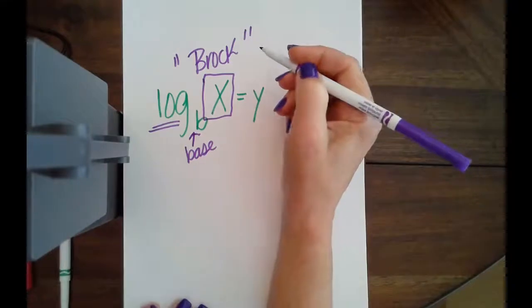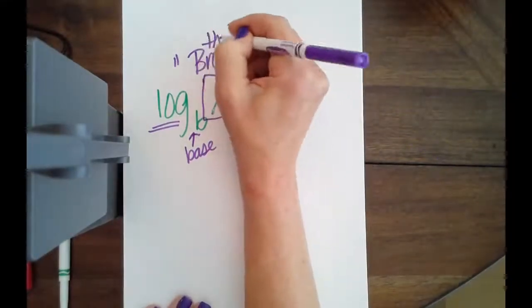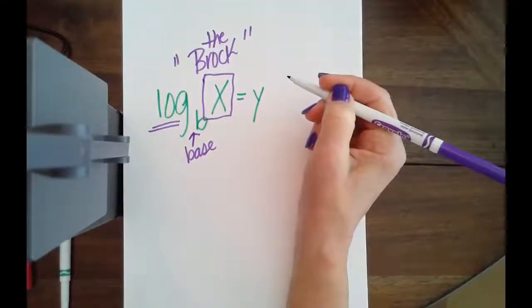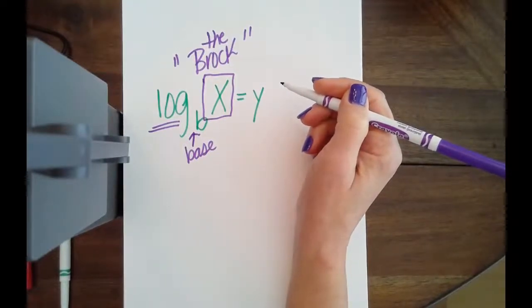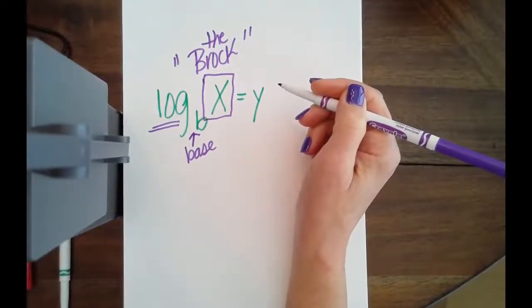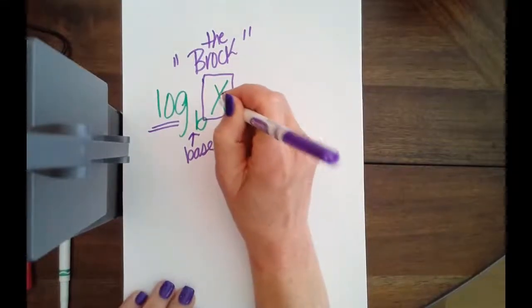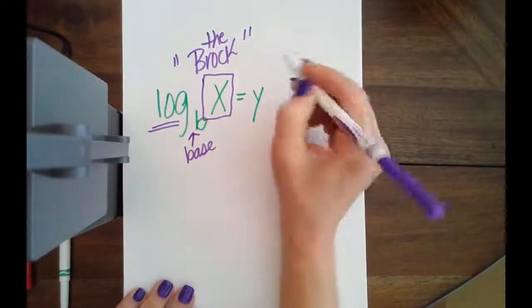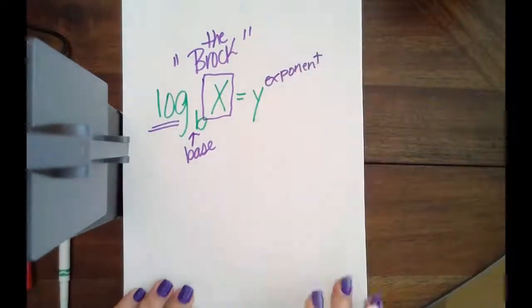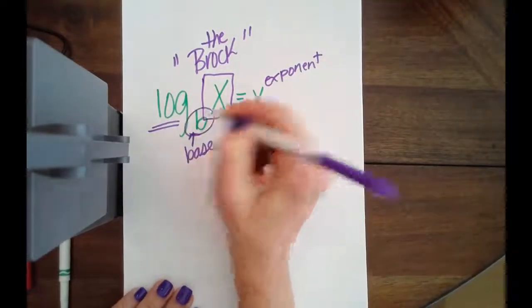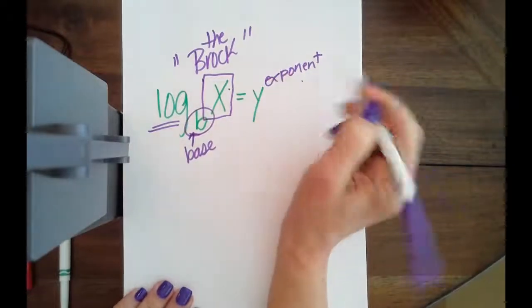You don't have to tell anyone outside the math classes that we call it the Brock. I'm telling you that because I want you to get used to knowing what number is being talked about. But this is actually the number that's being evaluated. This is going to be the exponent. So this is the base, this is the Brock, this is the exponent.